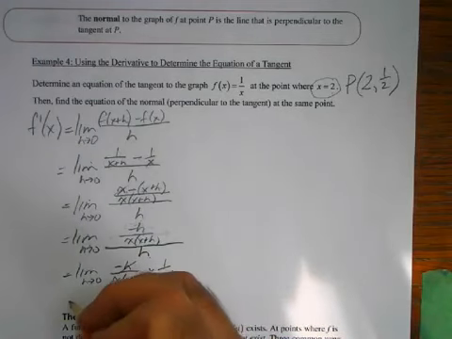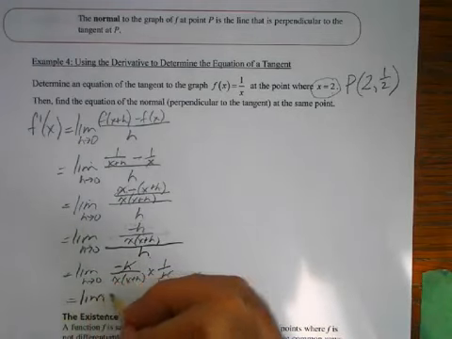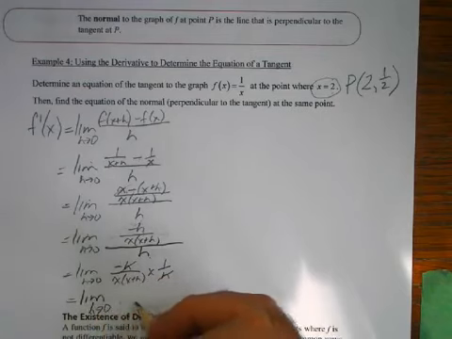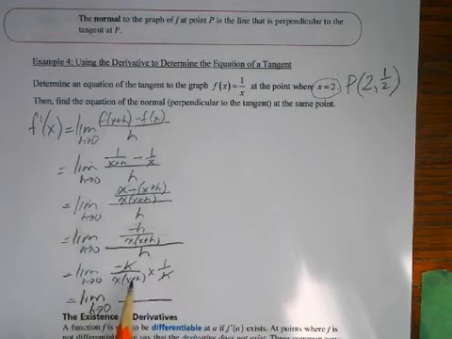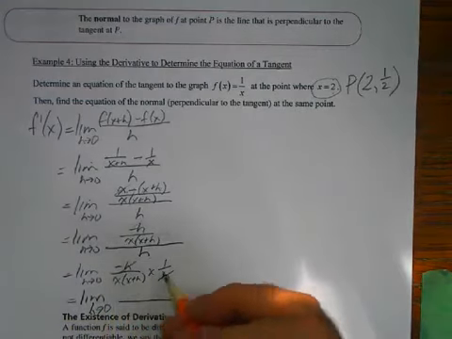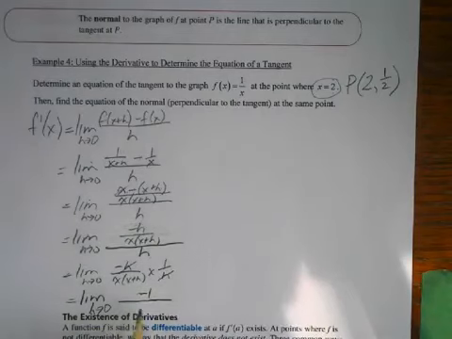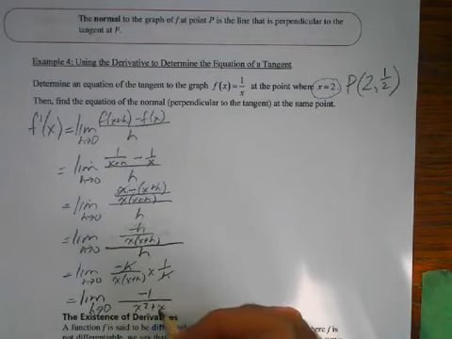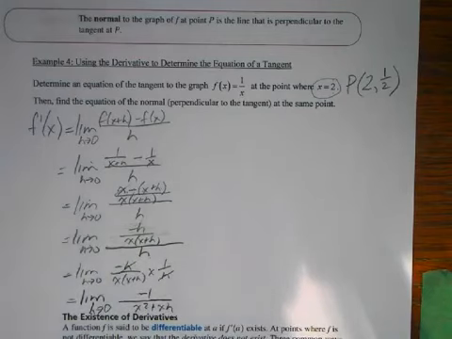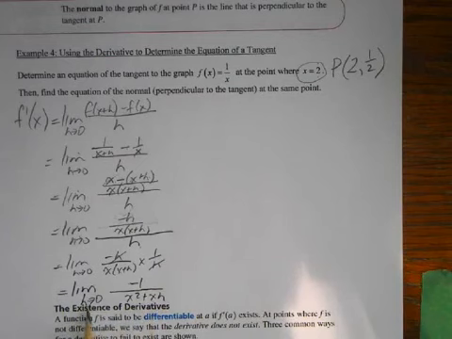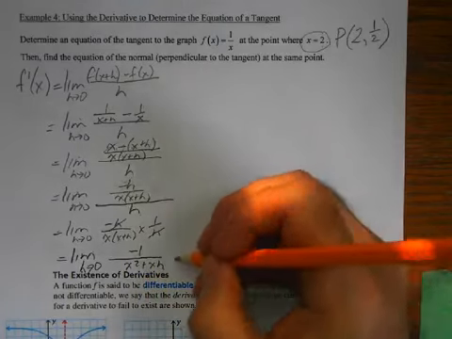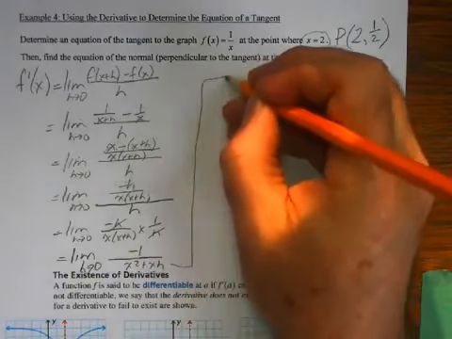So this is going to be the limit as h approaches 0 of negative 1 over x squared plus xh. And you can see at this point I can actually sub in a 0 for h, and the xh turns to 0, and we're just left with 1 over x squared. So f prime of x is equal to negative 1 over x squared.